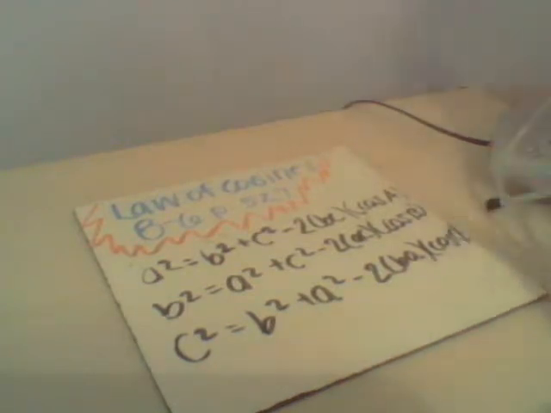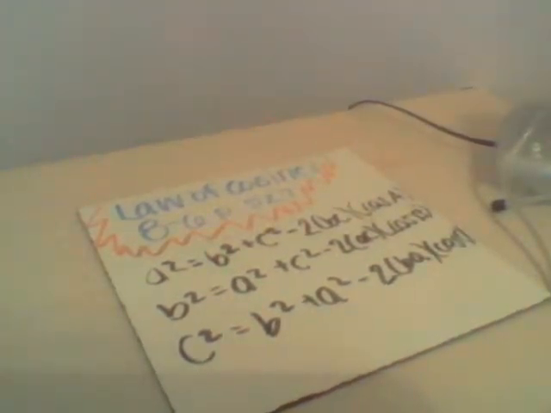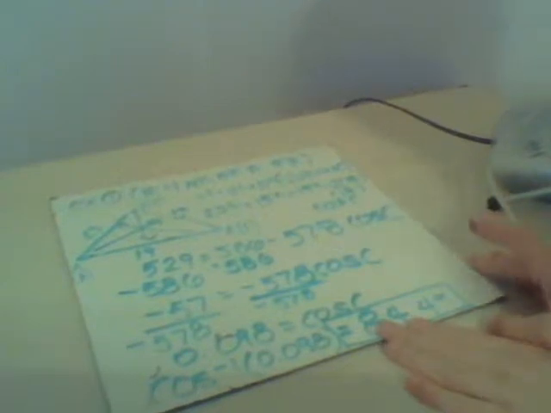Okay, so let's find an example to use. We are going to use the workbook page, page 53, which is found online, and we are going to do number 4. So in this equation, we are looking for the measurement of angle C. I already solved the equation, so I'm just going to walk you through the steps on what I did.